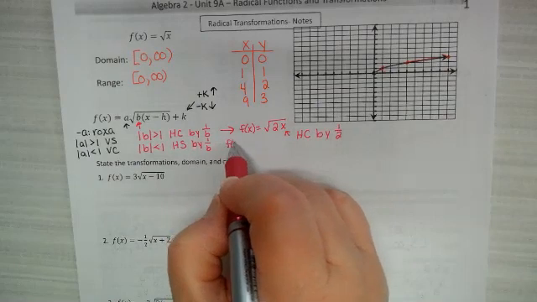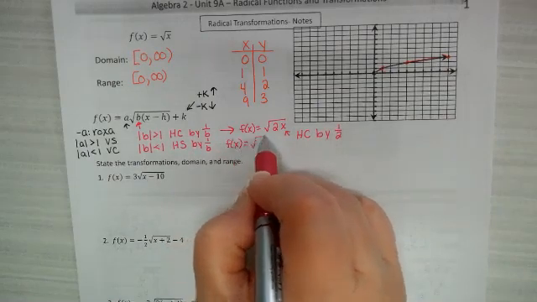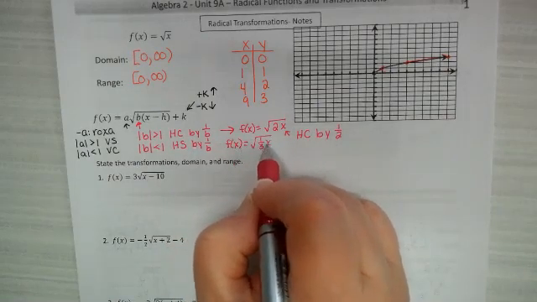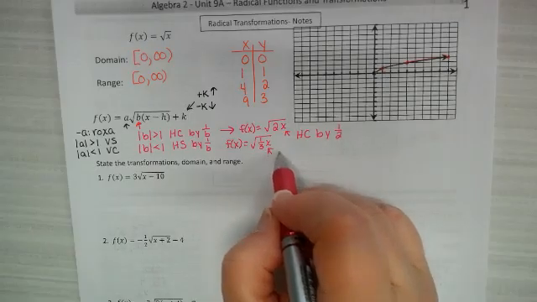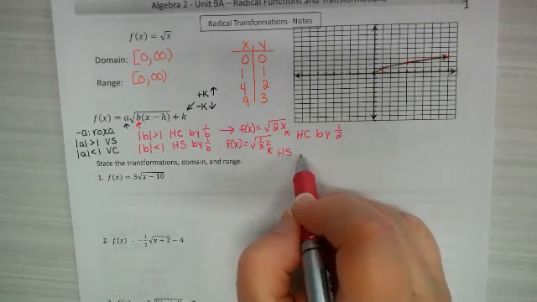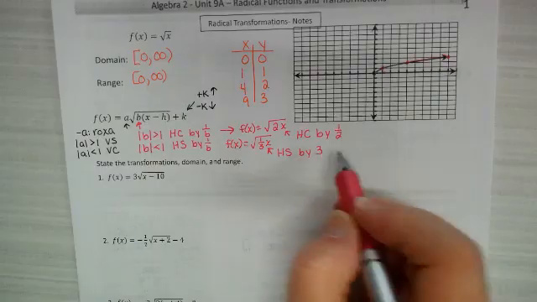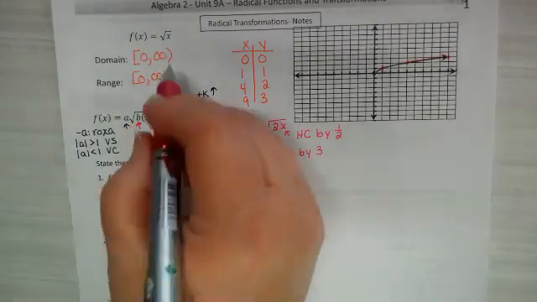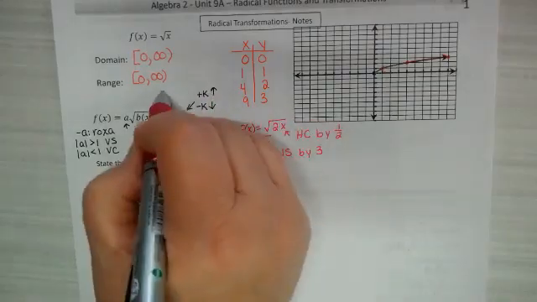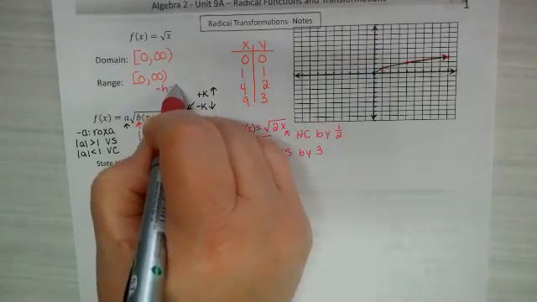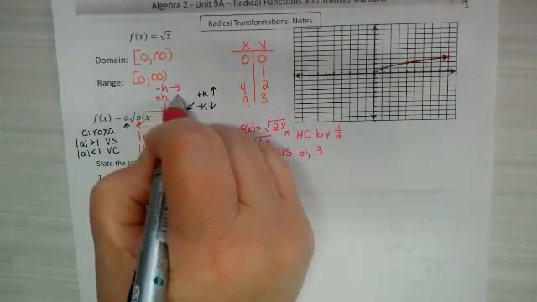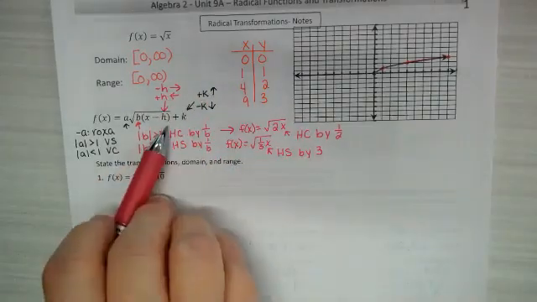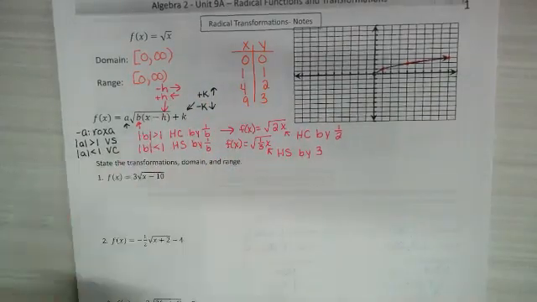If you had f of x equals the square root of 1/3 x, that one would be a horizontal stretch by 3. So it's always opposite. H, you already know, a negative h moves to the right, a plus h moves to the left, always opposite.